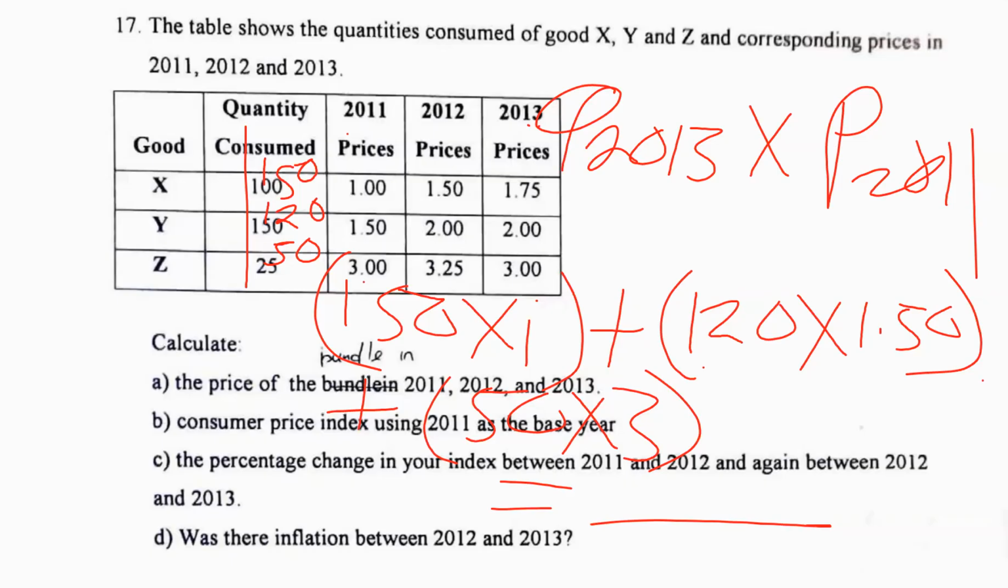Because the prices seem to have changed between 2012 and 2013. You can see that they have changed. But we'll calculate it when you exhaust all the lessons. I was just interested in this part for you to understand the difference between nominal GDP and real GDP, but we'll still come back to that and conclude whether there's an increase or not. Is that okay?